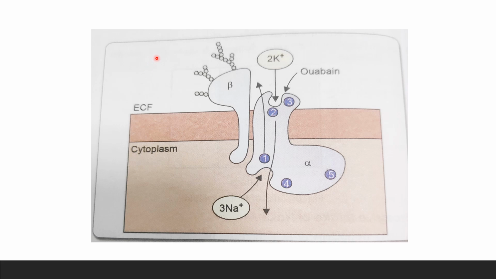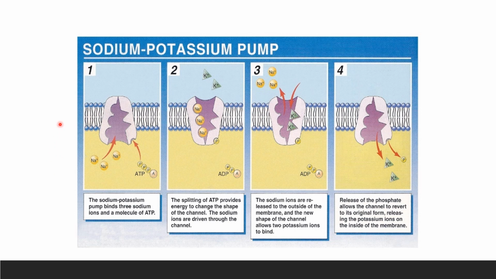Now, how this actually functions, we will see in the next slide. How does this sodium potassium ATPase pump act? When sodium binds to the intracellular binding site of the alpha subunit, ATP also binds to the phosphorylation site, and ATP is converted to ADP, with the phosphate being transferred to aspartate 376 at the phosphorylation site.